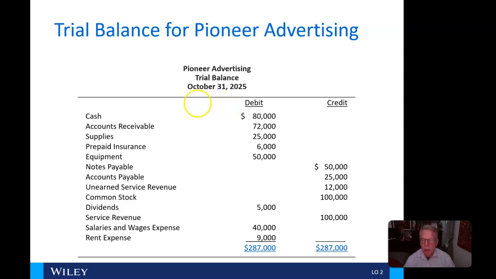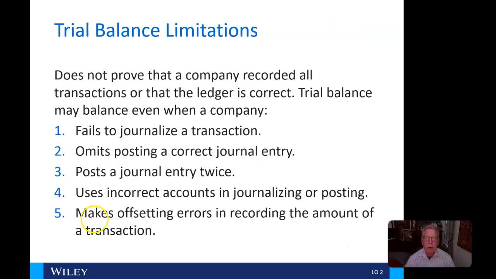Now it's very easy to see how we're going to get our first financial statement. Here's our service revenue and here's our expenses here. So that's going to be our income statement. And then we're going to do our adjustment to retained earnings, as you will see here.